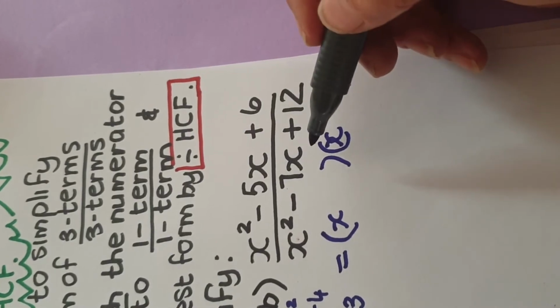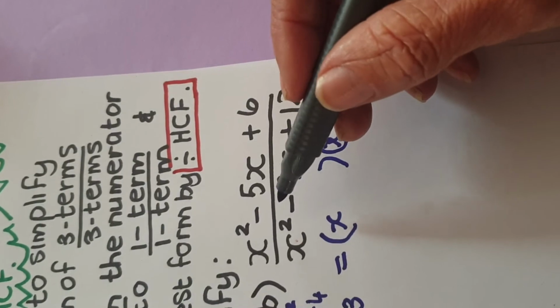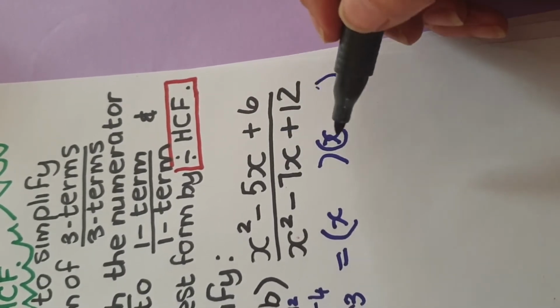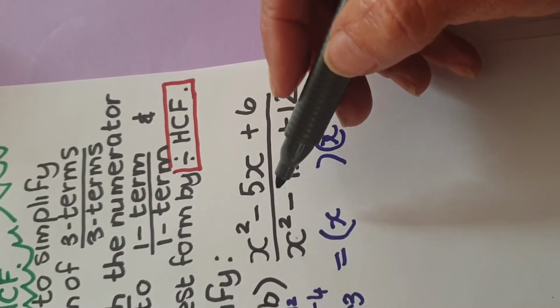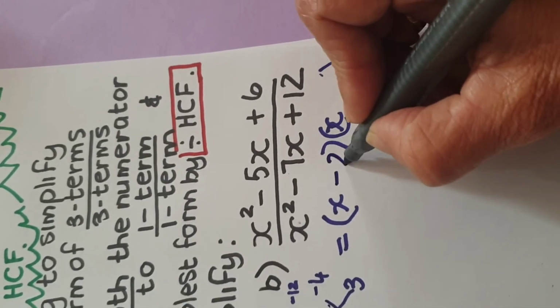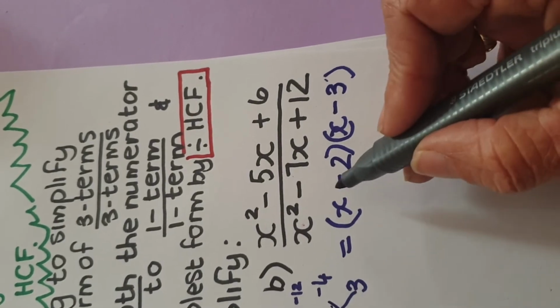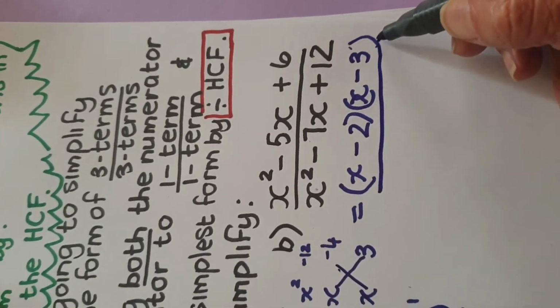Negative 6 times negative 1 will give me plus 6, but it won't give me minus 5. So I'm going to use 3 and 2, because negative 2 times negative 3 will give me negative 5 when I add them. So I'm going to have negative 2, negative 3 as the second term in my bracket. A bracket times a bracket, so that's factorized.